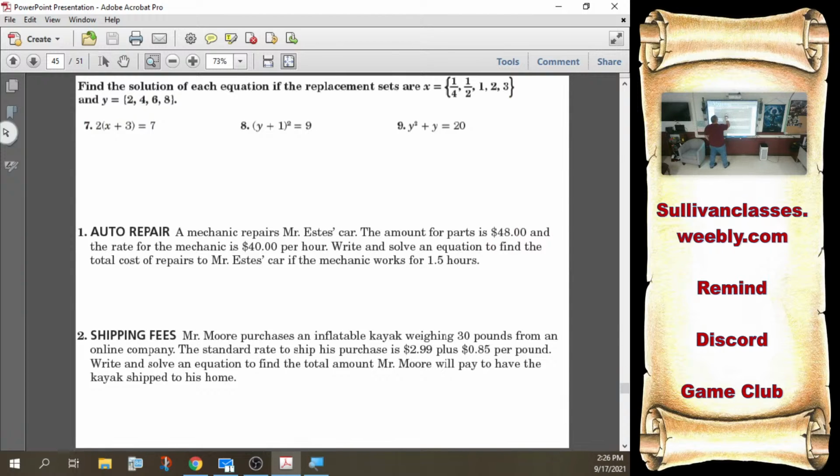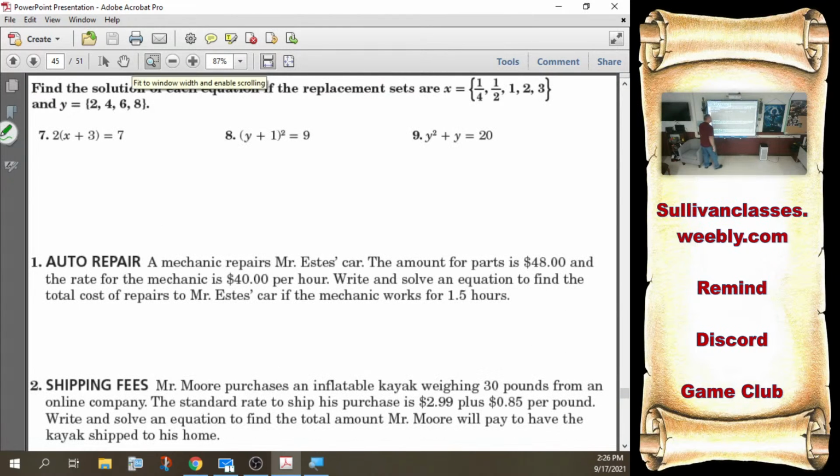But can we do it when it gets ugly? If the replacement sets are x is all of this stuff, so meaning find all values, and y is this stuff, find all values, can you figure it out? Tell you what, let's just do this one where x is a quarter, and let's do this one where y is 8.